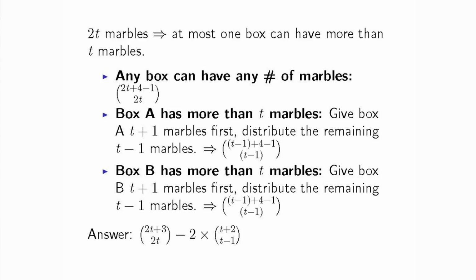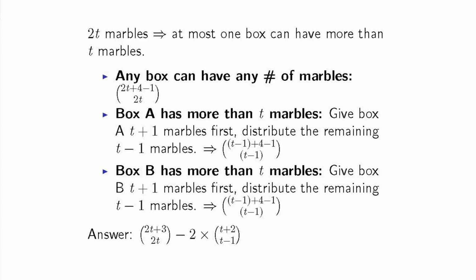So the case is easy. We have 3 cases, and if box A has more than T marbles, we give box A T plus 1 marbles first, and distribute the remaining T minus 1 marbles among all the 4 boxes.